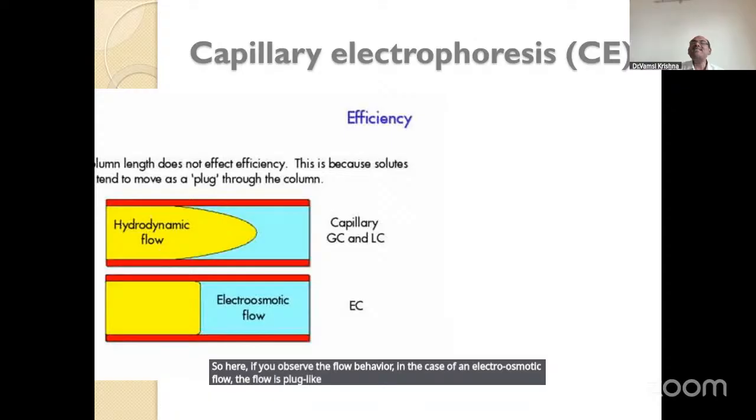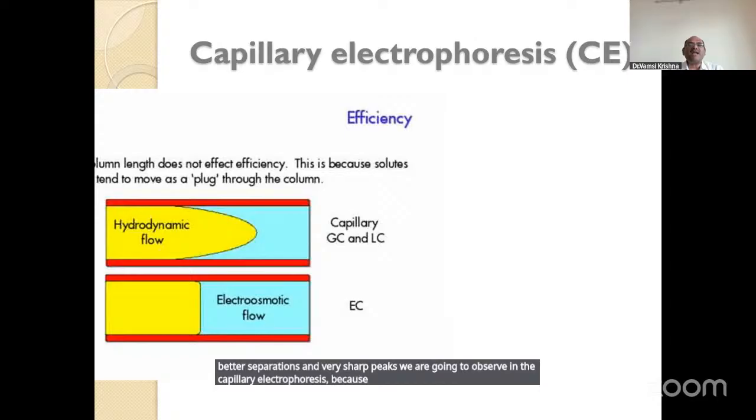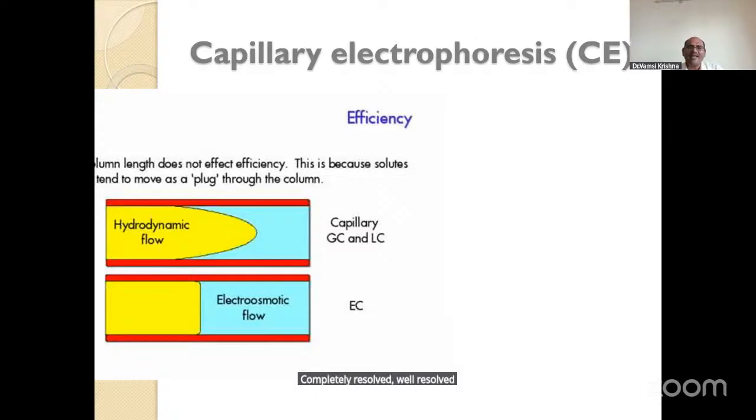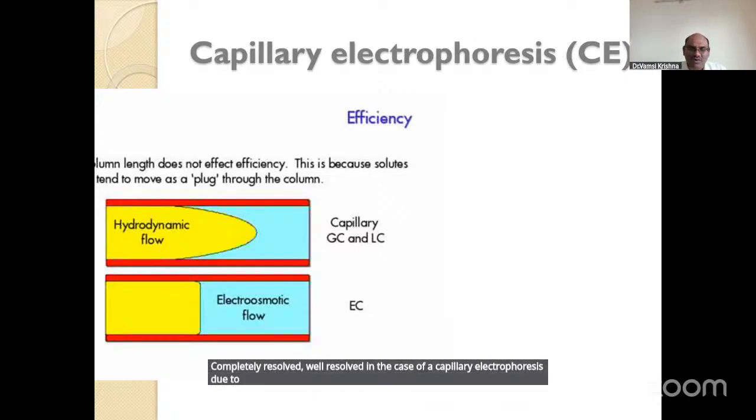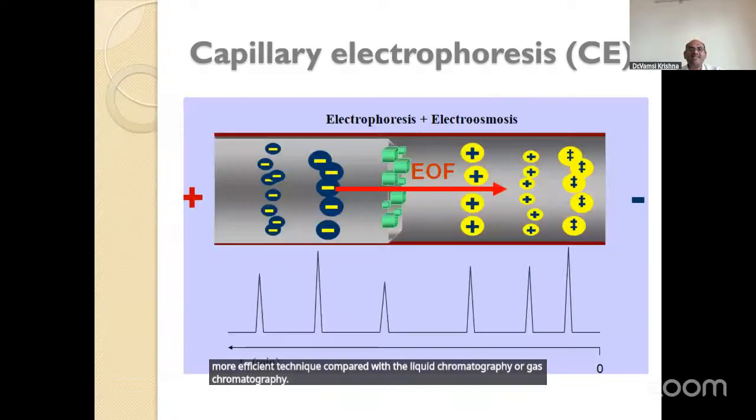Due to this plug-like flow, we get better separations and very sharp peaks in capillary electrophoresis, because the compounds are well resolved. That's why we call this technique more efficient compared with liquid chromatography or gas chromatography.